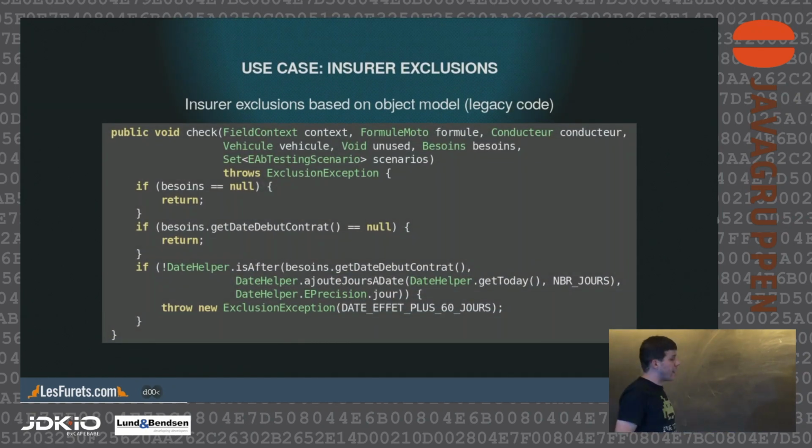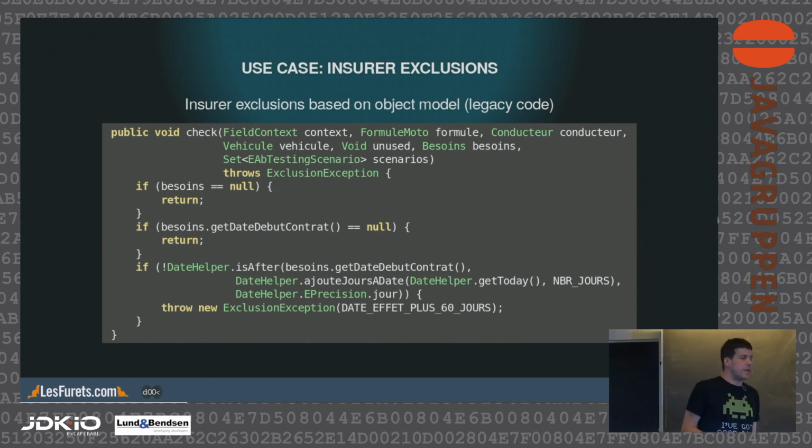It looks like that. It's plain Java with a kind of null safety before implementing the rule, and then you have a very large set of static methods, helper classes, everything you like to mutualize your code.